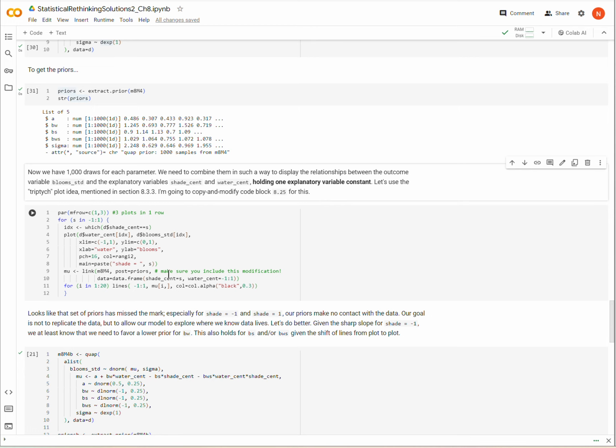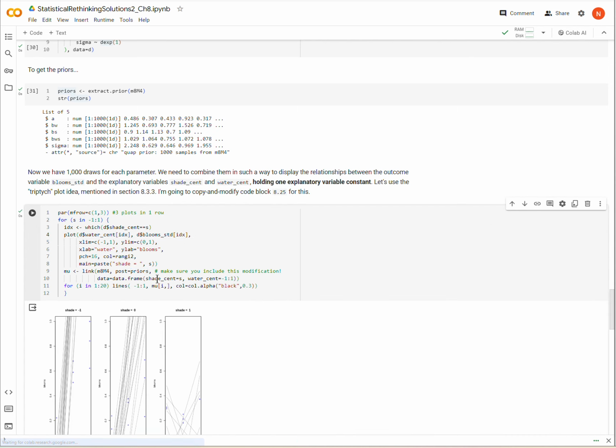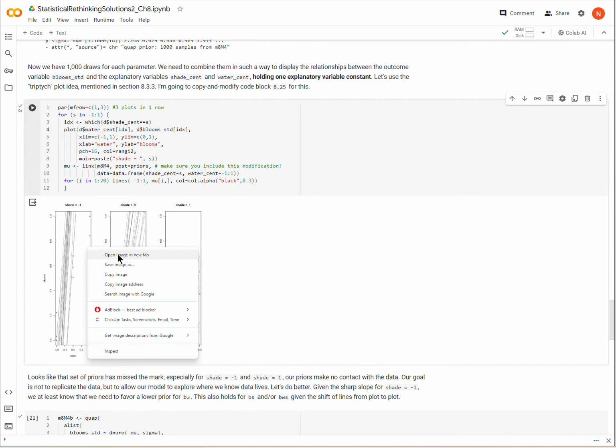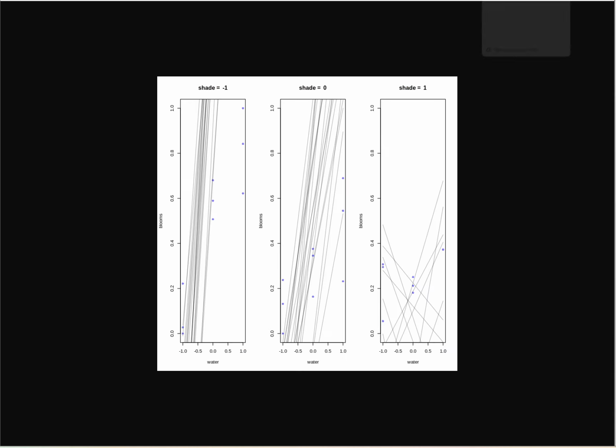But there's an important modification that you have to make, which is you have to add this line right here. In this for loop, we're normally using the link function, and the link function normally just looks at the posterior of your model. But I need to tell it, no, look at this object called priors. Don't look at the actual posterior. Okay, so we're going to run this, and let me open this up in a different window.